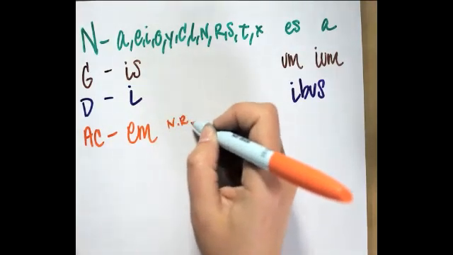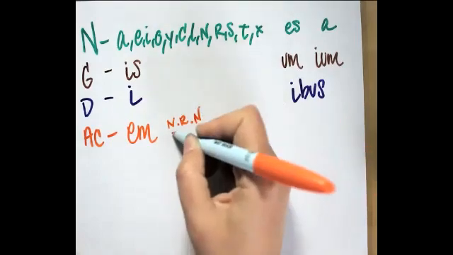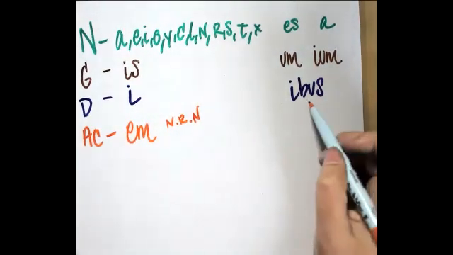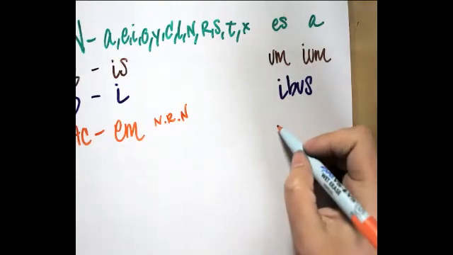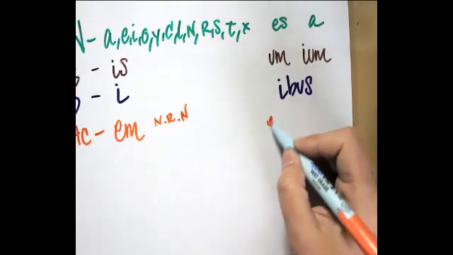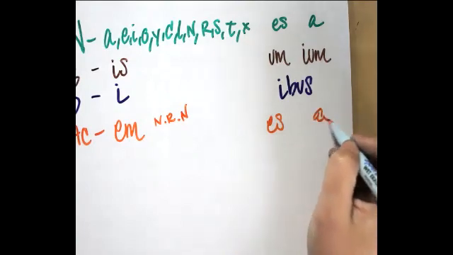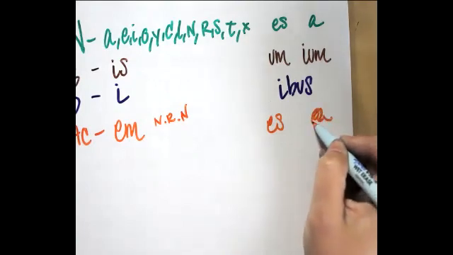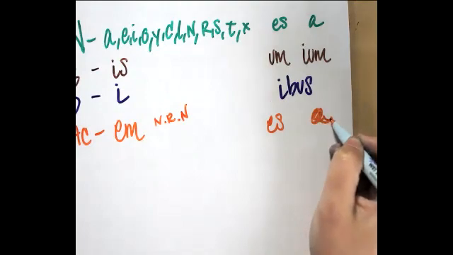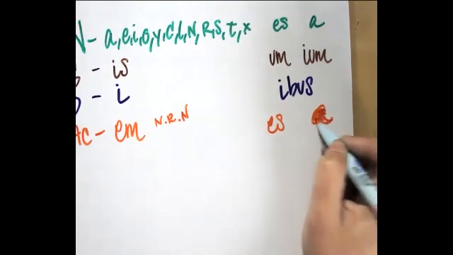Neuter repeats nominative. In the plural, it'll be ending in ES for the masculine and feminine. For the neuter, it's an A.